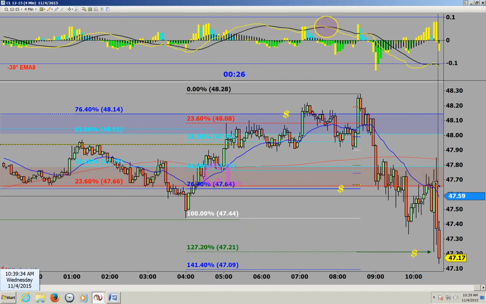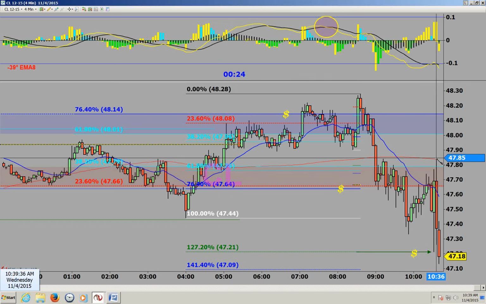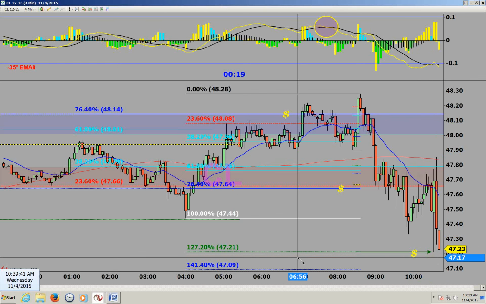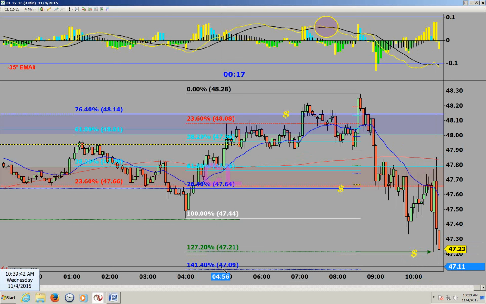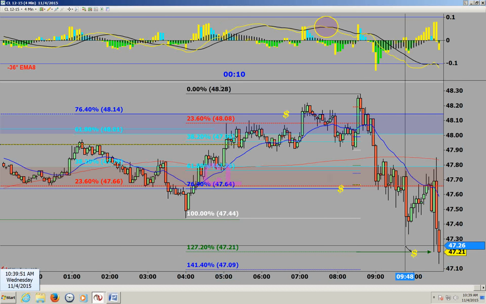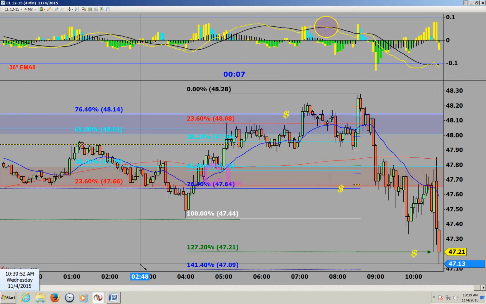It proceeded back and retested resistance. Resistance ceiling is dropping. Next target on the way to the larger time frame, we'll come back and show you the larger time frame, is 47.09. Must lock in money to be positive.